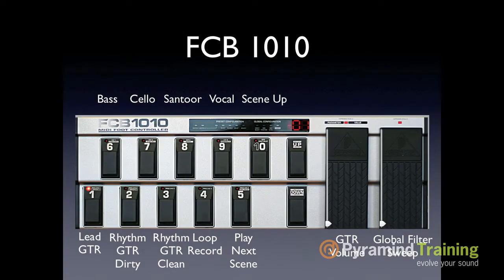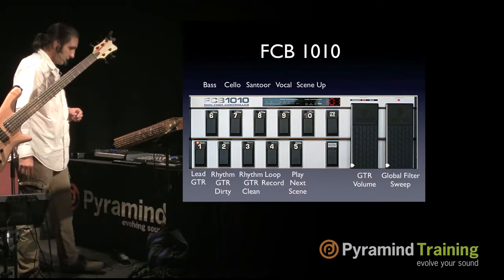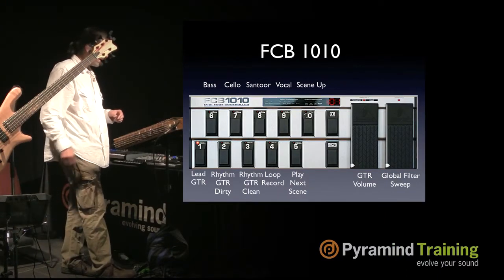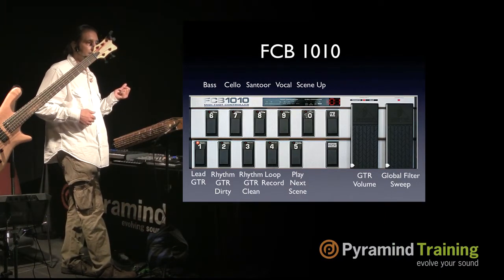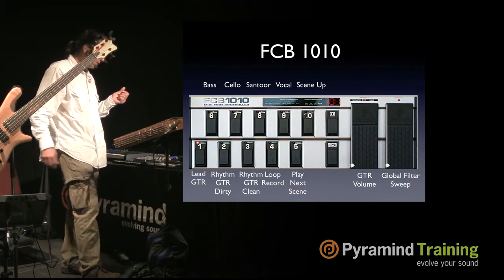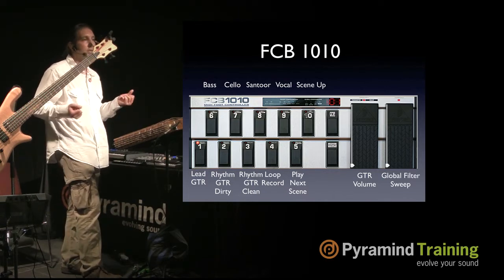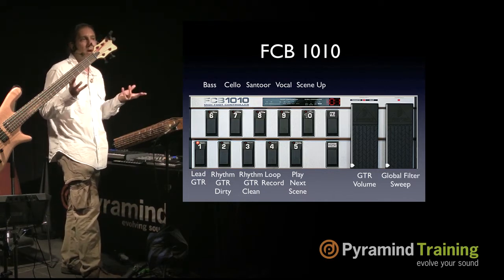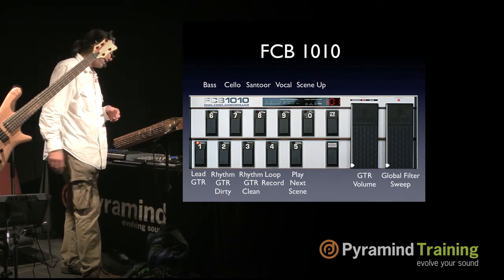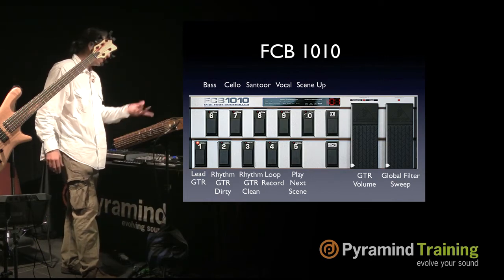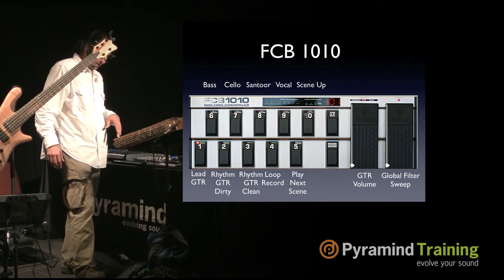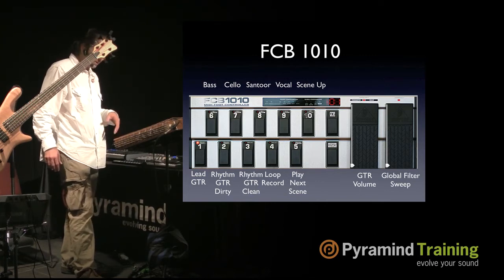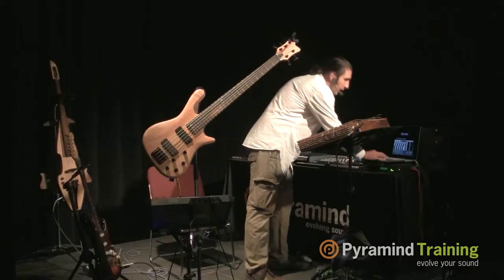So with the FCB 1010, channel 1, when I click that, that arms the guitar track. Channel 2 arms a rhythm guitar track, which has a different sound, that's dirty. And then channel 3 has a clean sound. And button number 4 is my loop button.